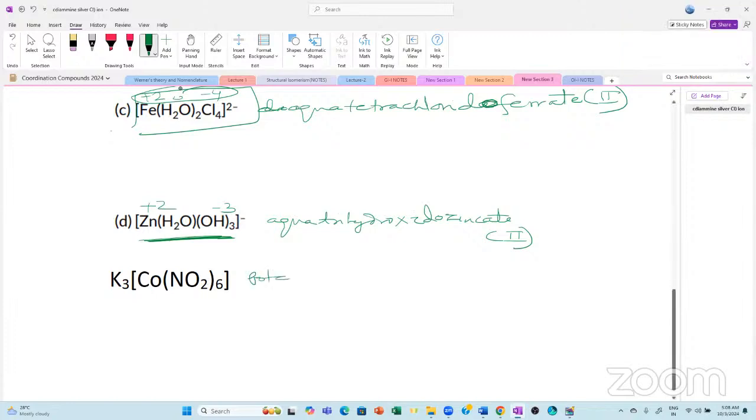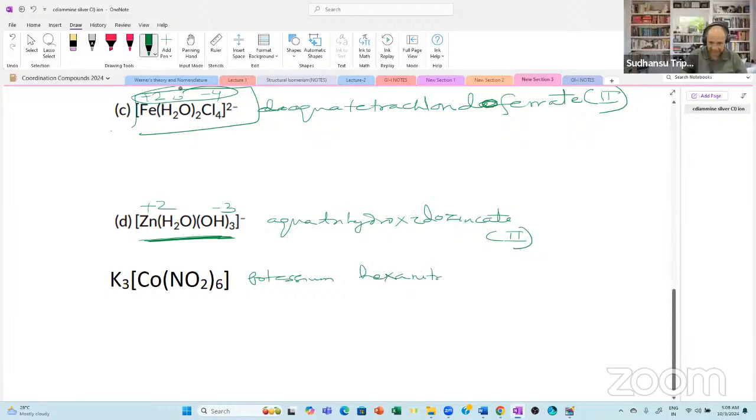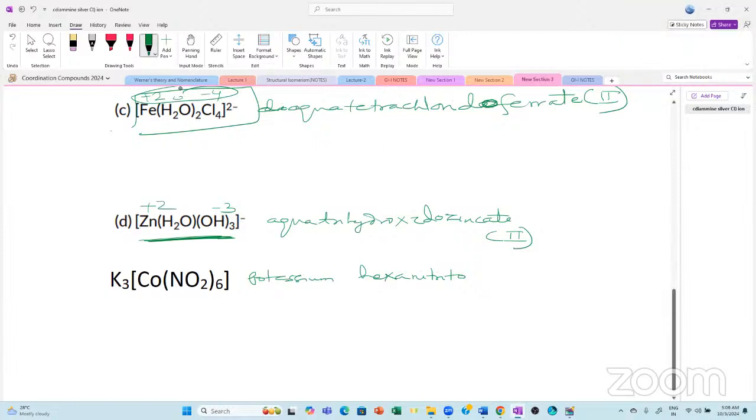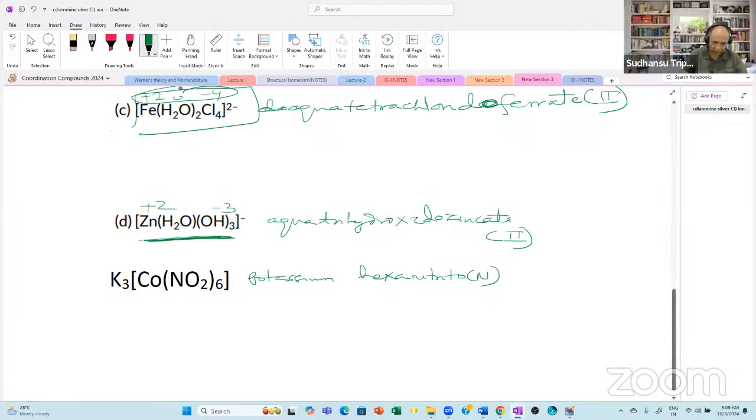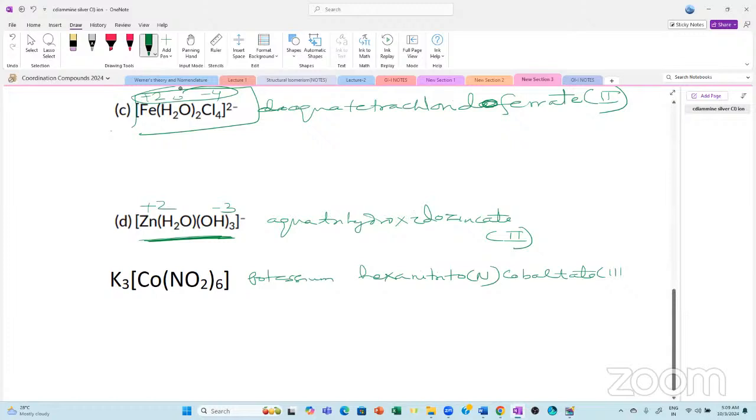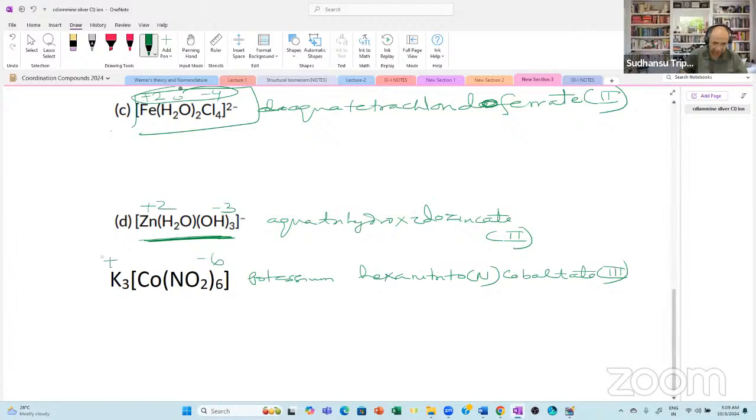Potassium hexanitrito-N cobaltate 3, or simply hexanitro. You have to write N. Because nitrite is -1, the total is -6, so cobalt should be +3 so that the charge will be balanced. It is a complete molecule, not an ion.